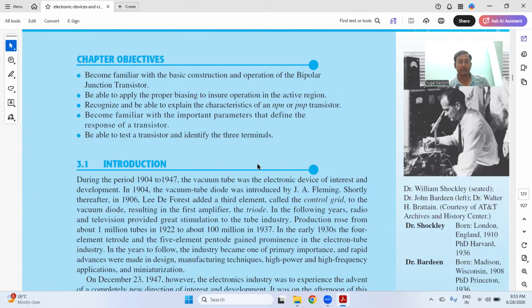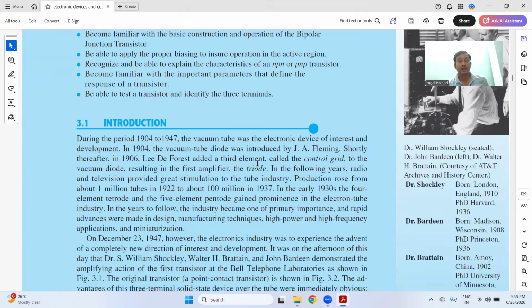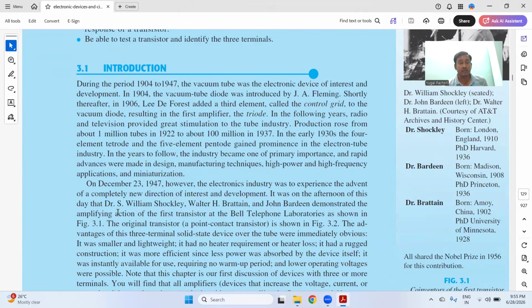We have already started the discussion. The BJT was discovered by Dr. William Shockley, Walter H. Brattain, and John Bardeen, who demonstrated the amplifying action of the first transistor at Bell Telephone Laboratories, as shown in Figure 3.1, on approximately 23 December 1947.